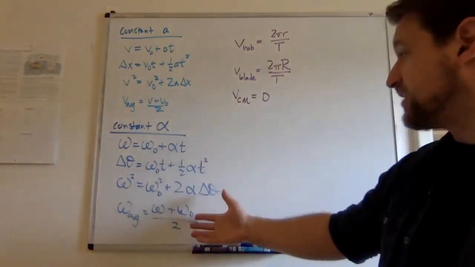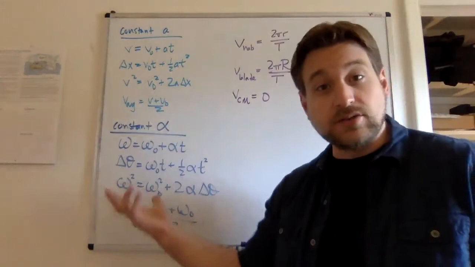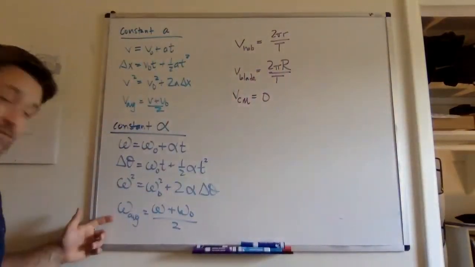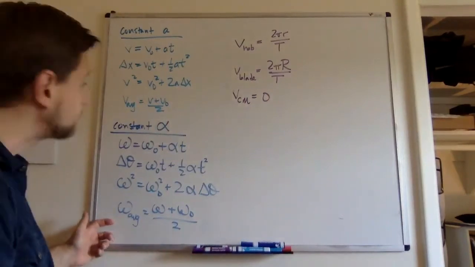So they look a little bit strange because they're using different variables and we're not used to looking at these variables, but they are, in fact, equations, relationships that we're very familiar with.